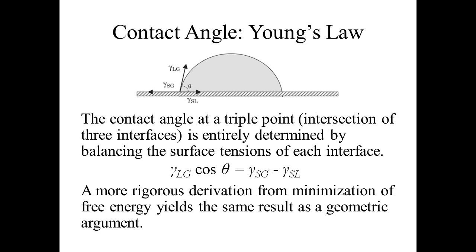So gamma LG, L for liquid, G for gas, cos theta equals gamma solid-gas, SG, minus gamma solid-liquid. A more rigorous derivation by minimization of free energy yields the same result as a geometric argument.